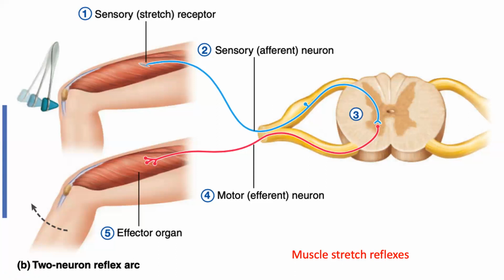And this increase in firing rate will be carried by the sensory nerve to the spinal cord, and there will be integration and synapse with the motor neuron, giving contraction of the effector organ, which we will see as extension of the knee.